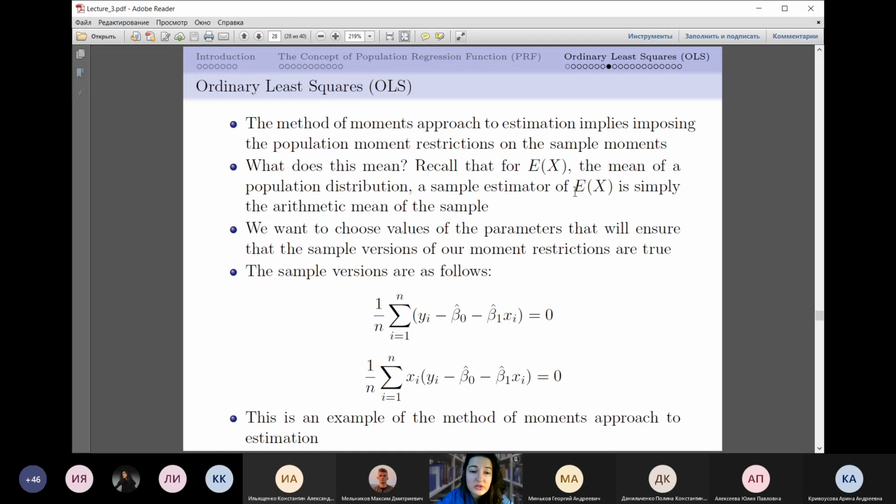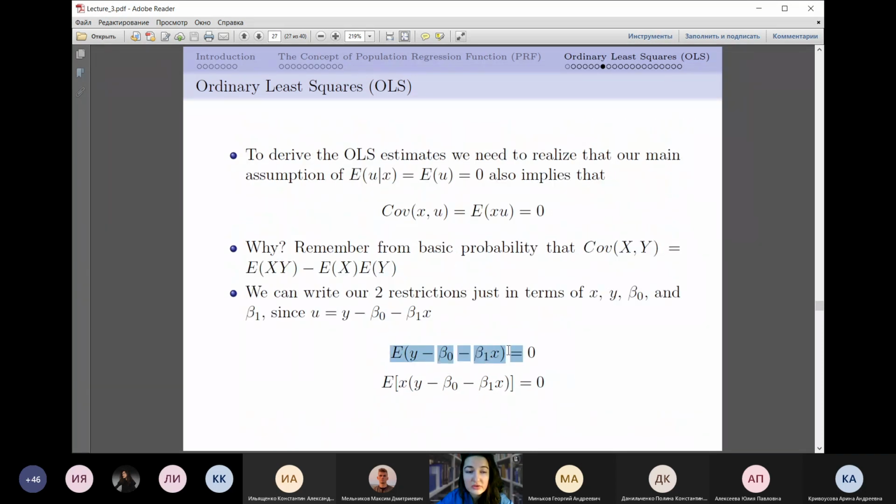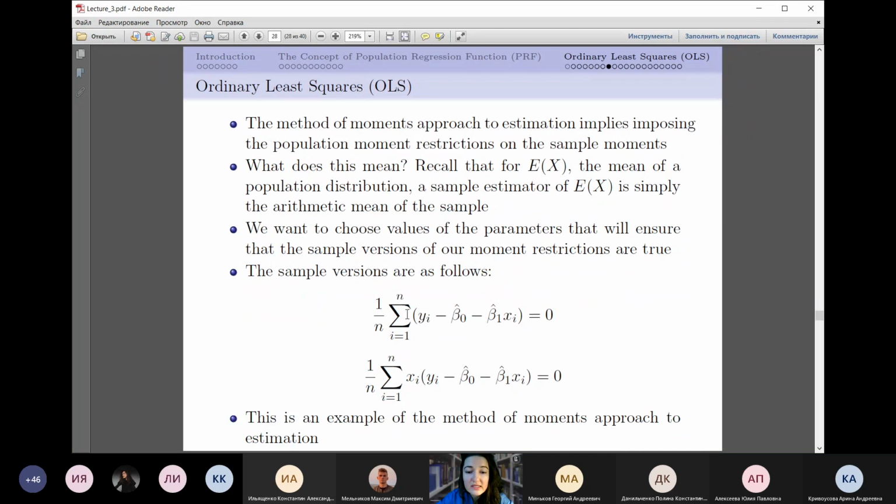And we want to choose values of the parameters that will ensure that the sample versions of our moment restrictions are true. The sample version will be the same, but we correct by the number of observations. And this is an example of the method of moments approach to estimation.